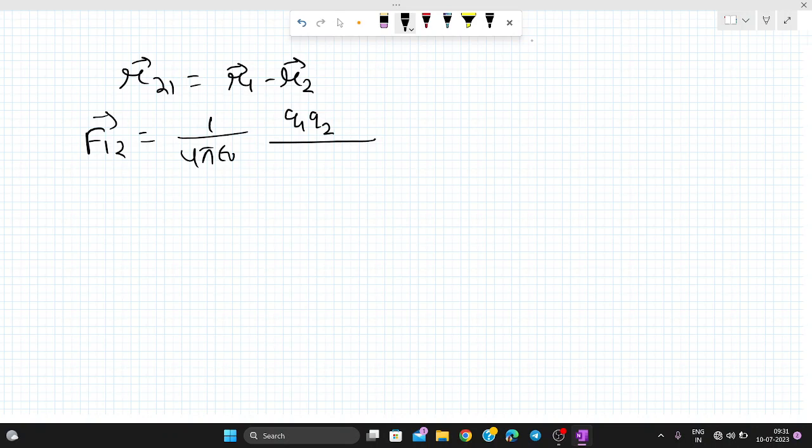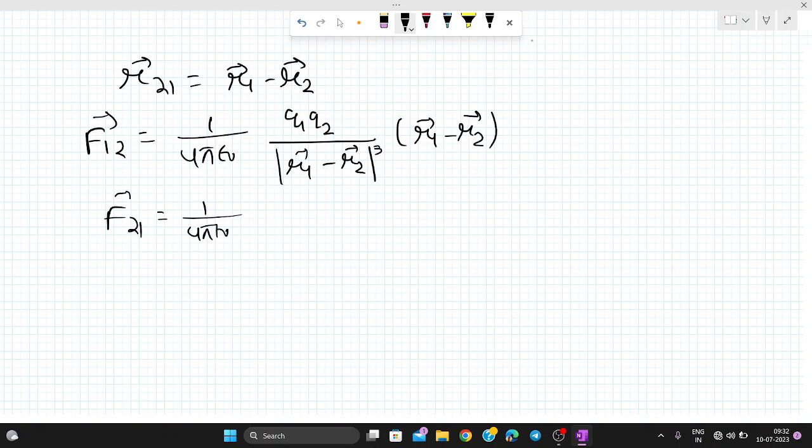If I write it as r1 minus r2 in position vector form, because we are doing it for position vector form, and F21 similarly is 1 by 4 pi epsilon naught q1 q2 divided by the cube of the magnitude of r2 minus r1, times the r2 minus r1 vector, isn't it?